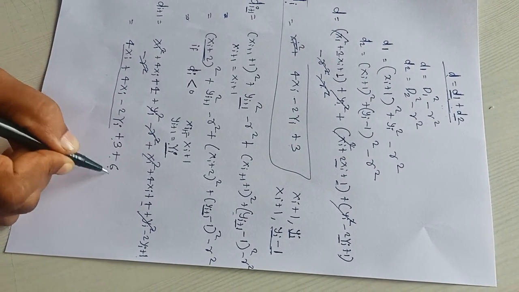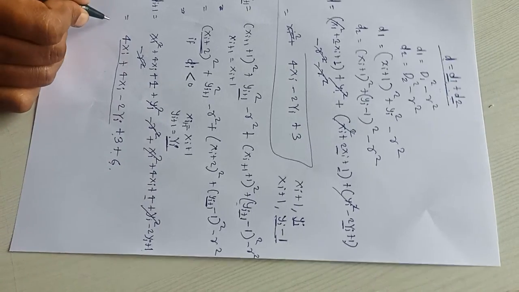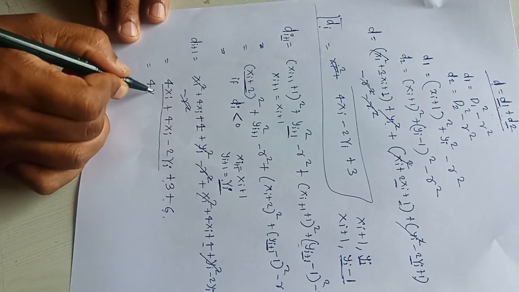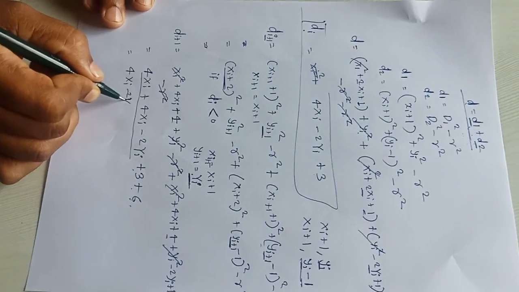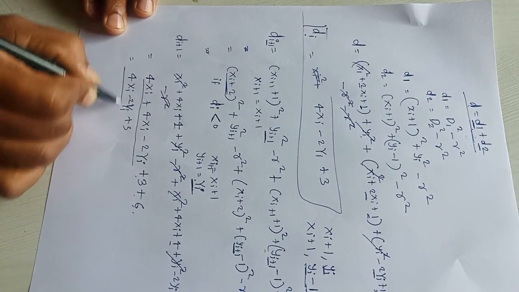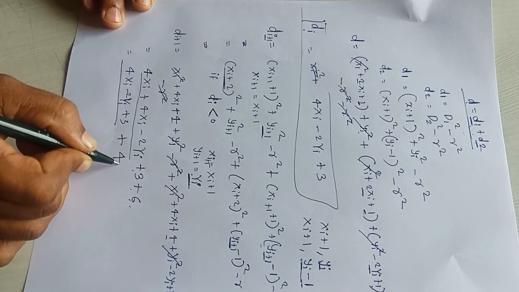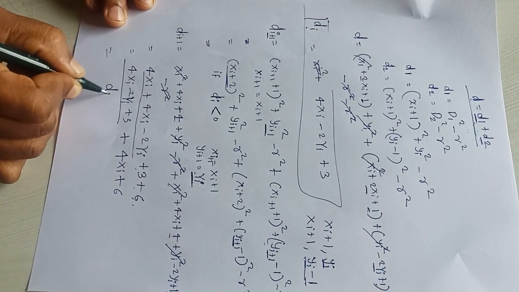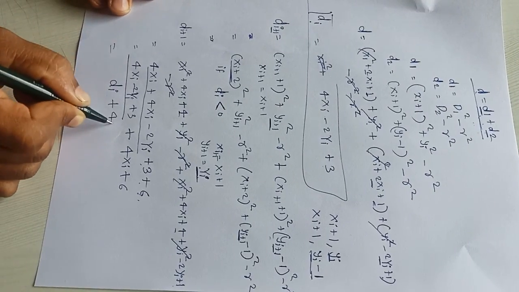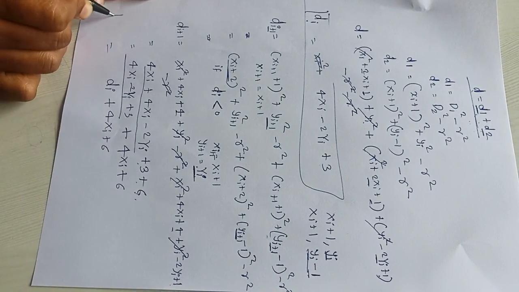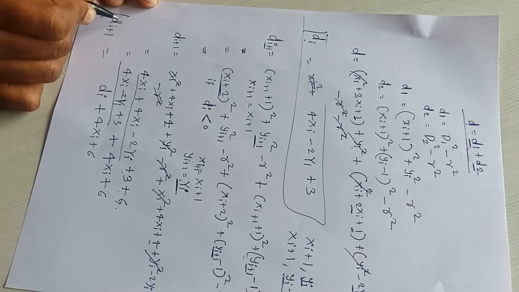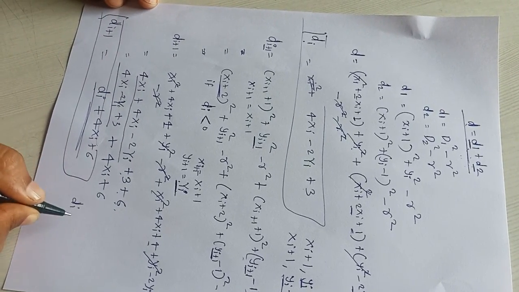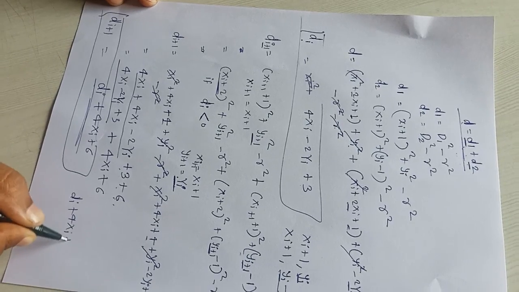Total value is 9, so I write 3 plus 6. So it becomes 4xi - 2yi + 3 + 4xi + 6. That is nothing but what? di + 4xi + 6.